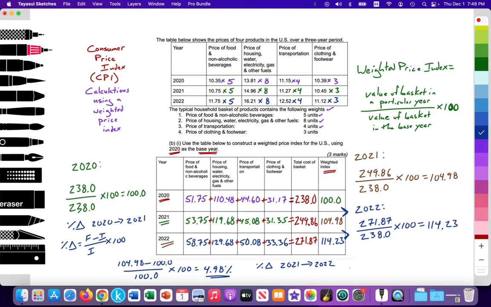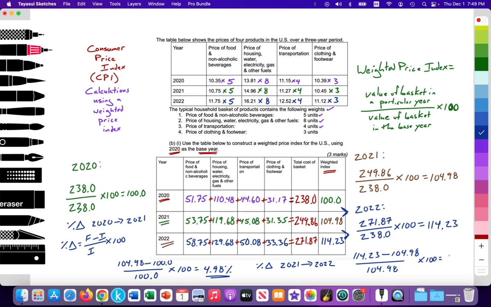Okay, so let's check your work. The final value is 114.23, so I'm going to take 114.23 minus the initial value of 104.98 divided by the initial value of 104.98 multiplied by 100.